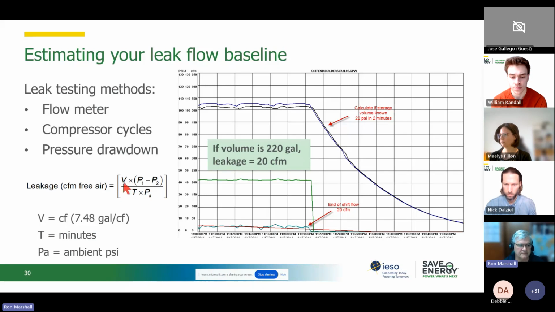So if we know our system volume, during the test, we turn off the compressors, allow the pressure to drop between this pressure and this pressure, record the time. If we know the ambient pressure, we can calculate from the drawdown of the pressure how many CFM is flowing in that system, right? So to estimate leak flow.